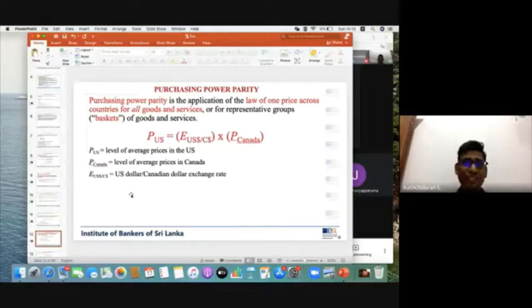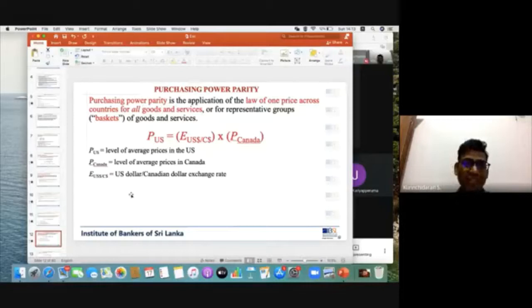Very general. So if somebody asks a very general question about the price, that means the price level, you are going to give a general answer about the price level. That means, in general, what's happening to the prices. Usually, we call it the general price level.